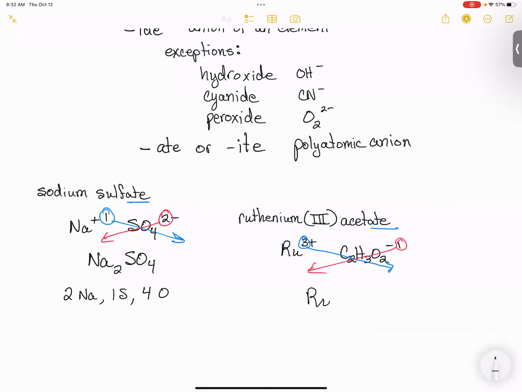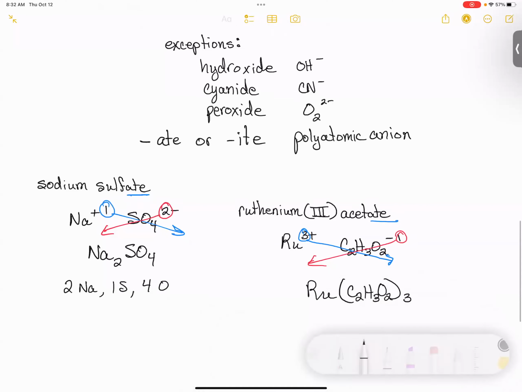So I have Ru. Because I am dropping something other than 1 onto a polyatomic, what do I do to the polyatomic? It goes in parentheses with what I dropped as a subscript.